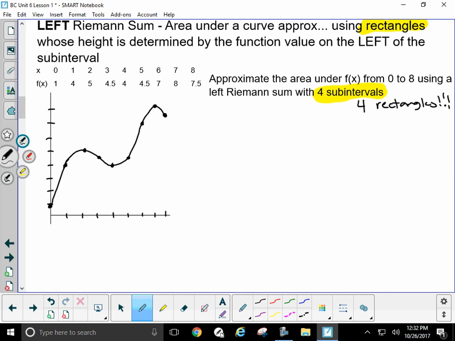Now, what's the width of each of these rectangles if I'm going from 0 to 8? 2, right? That's easy enough to do. Well, that comes from your formula, even though you guys just figured it out by yourselves. The width of the subinterval, b minus a over n, that's 8 minus 0 over 4, that's 2. And we call this width a delta x.